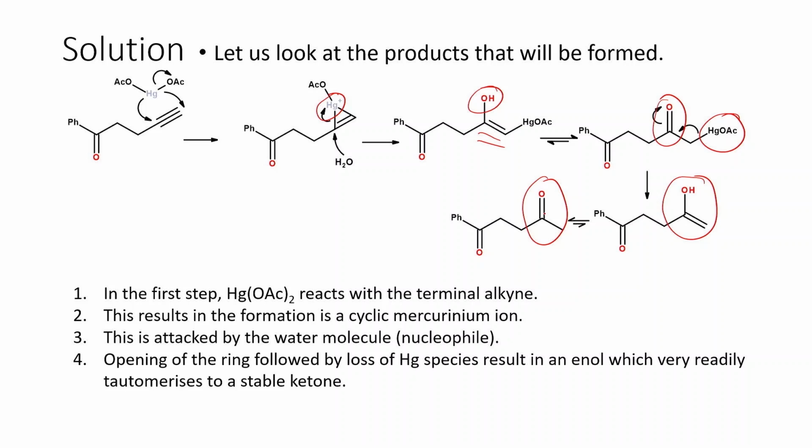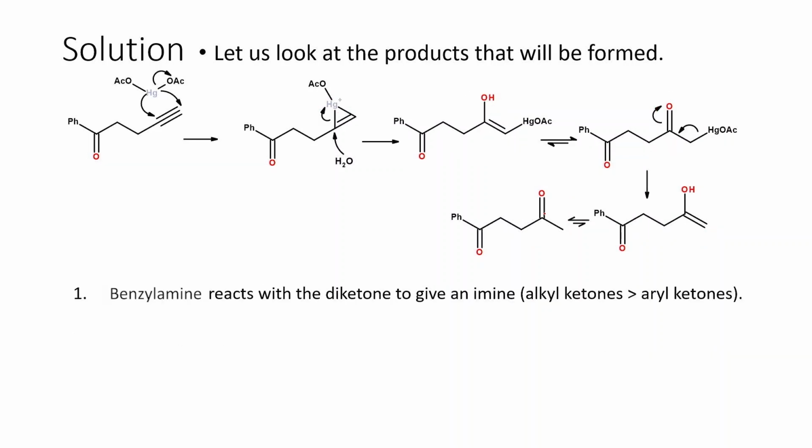So we end up with a carbonyl compound, and once the carbonyl compound is formed, the next step is the reaction with the benzyl amine. The benzyl amine can react with this particular diketo derivative. We have two carbonyl units present in this material. When we have two carbonyl units, the amine can react with the alkyl type ketone, and it can also react with the aryl type ketone.